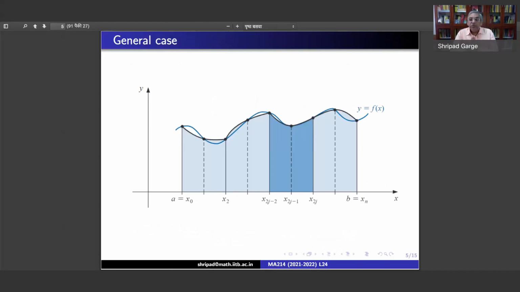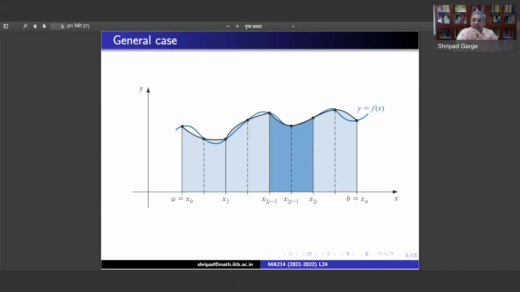The darkened blue part that we see here is a typical part that is going to be considered for applying Simpson's one-third rule. It starts from x2j minus 2 and goes up to x2j. And then we apply Simpson's one-third rule. So we are going to interpolate our function by a degree 2 polynomial over these three nodes, and then we take the corresponding integration formula.